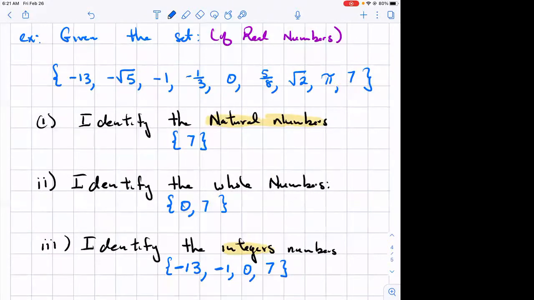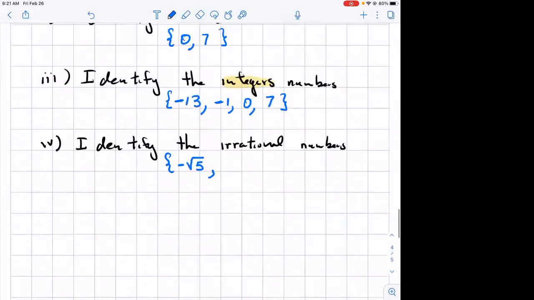Negative 1/3, be careful now. Negative 1/3 never ends, but the decimal repeats because we have 0.33, with 3s next to each other. So negative 1/3 is not irrational.